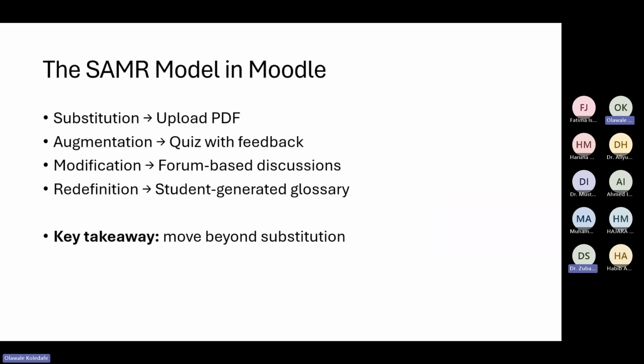All right. So let's look at, I've got 2 case studies. First is at the level of substitution. You see a lecturer now begins to upload PDFs instead of giving hard copy handouts. We are going online now. What are you doing? The only thing you are doing is just uploading a PDF somewhere.